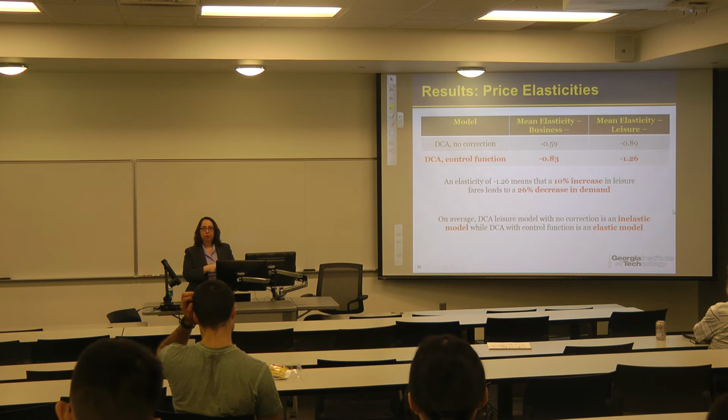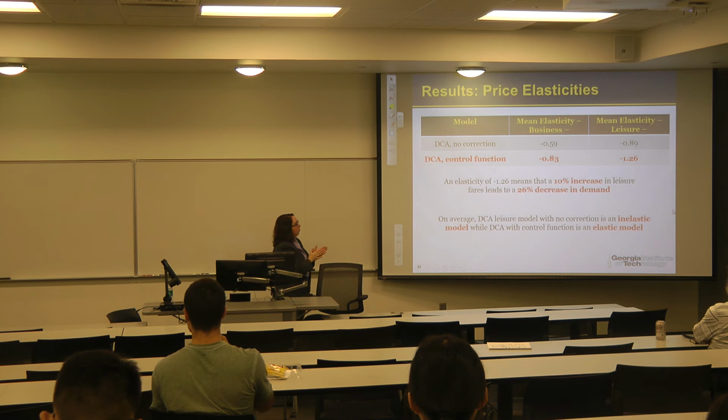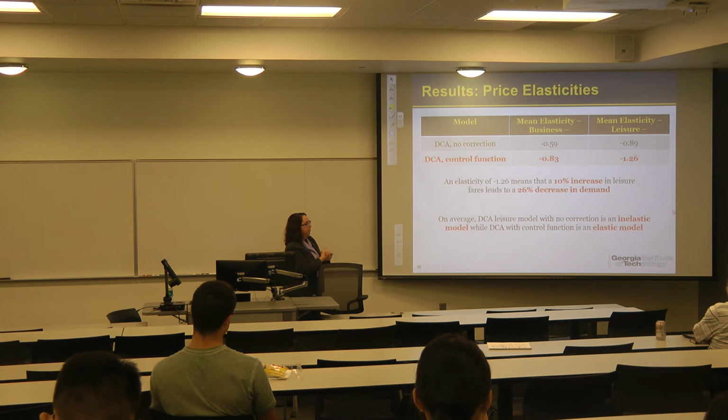If I have a negative 1.26, the recommendation is lower price, give more demand. If you're elastic or inelastic. So what we see is that, especially in the leisure markets, when we correct for price endogeneity, many of the markets, meaning the short haul, long haul, we looked at all 10, would move from this inelastic recommendation to the elastic recommendation.